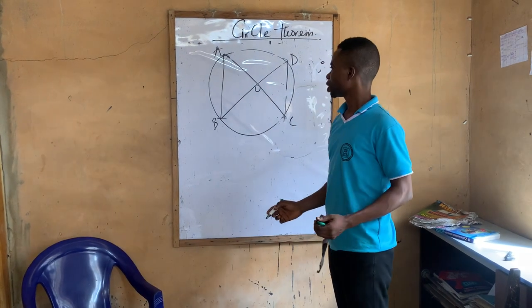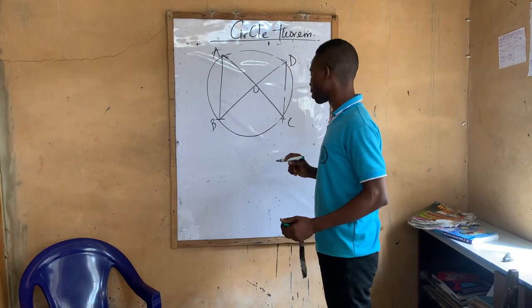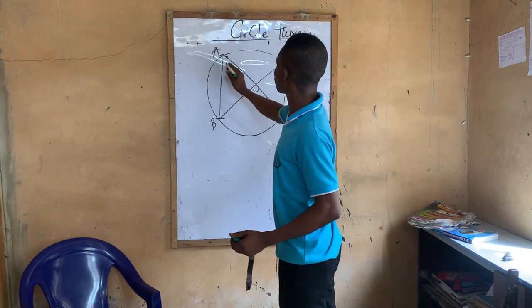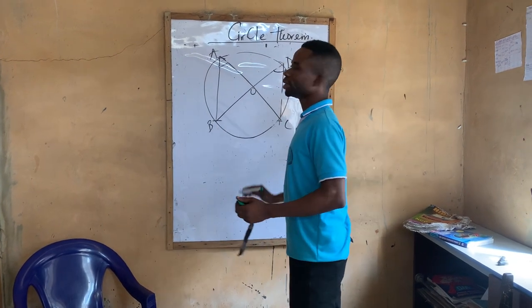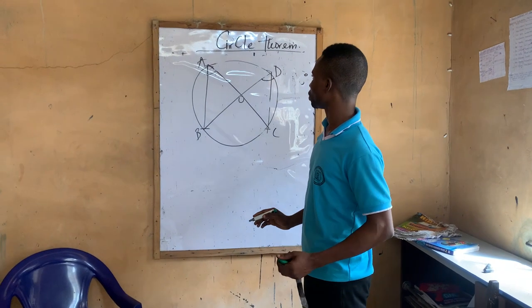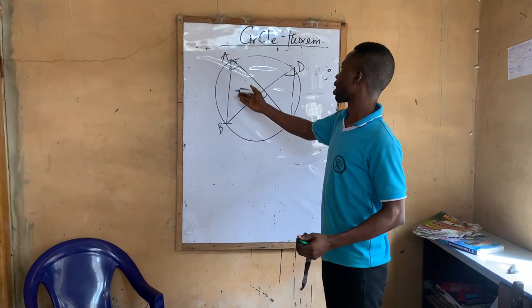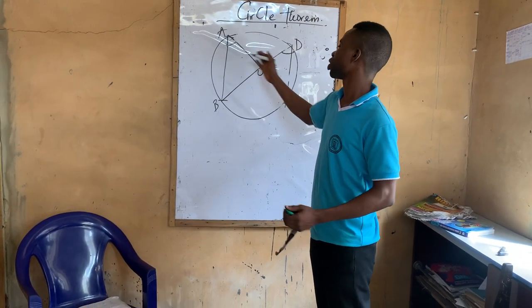If you look at this diagram very well, these two angles are in the same segment of the circle, because this is the major segment.